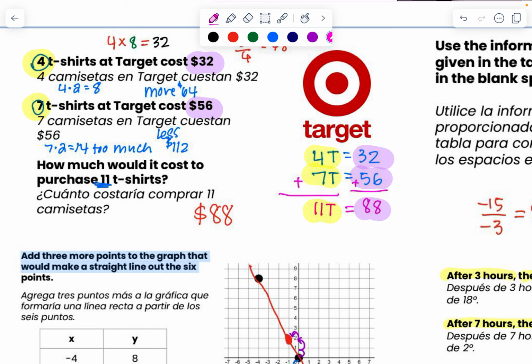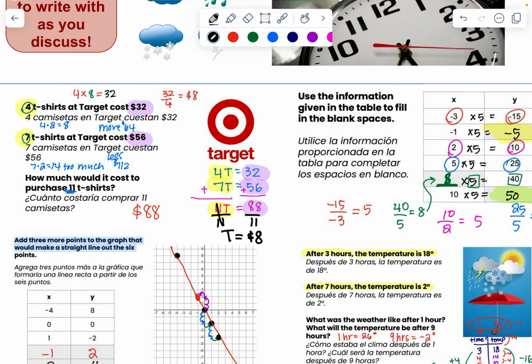Now, one further piece that we could have done was divide by 11 on both sides and algebraically solve for t, and that also gives us $8. So there are so many different strategies that we could have approached this problem with, and they all made sense. Whatever worked for your brain was a-okay.